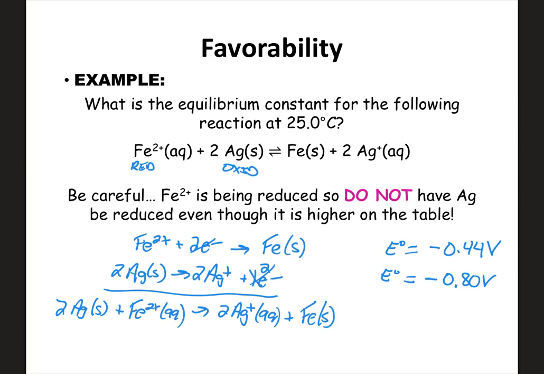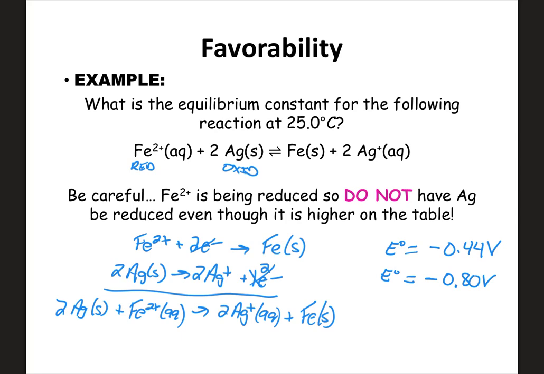And that's the equation that I'm using based on what I'm given. So it looks like this is good to go. Keep in mind you did have 2 electrons in your overall balanced equation, so that will need to be your n value when you plug in.